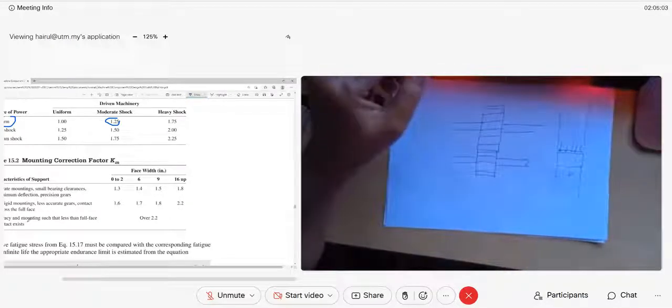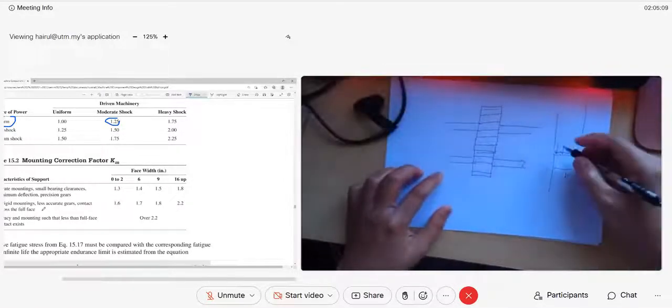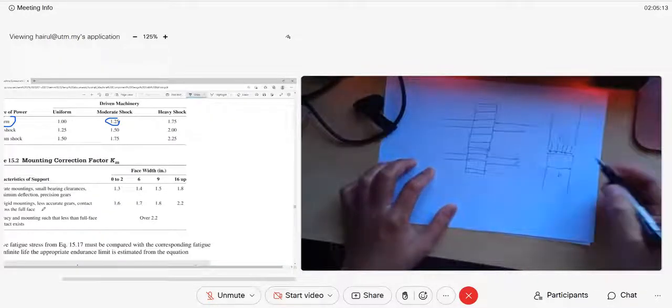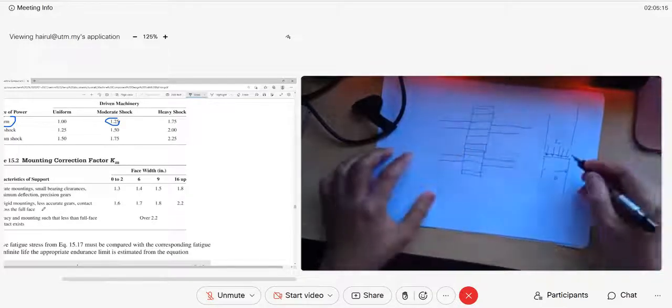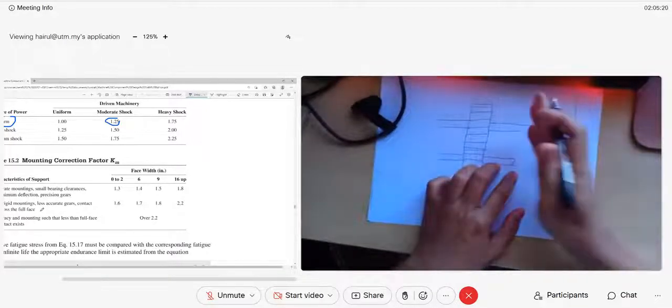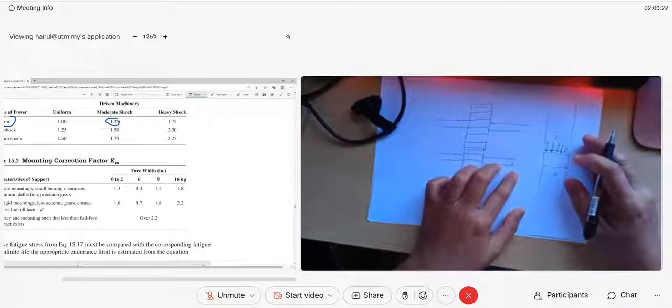For the second one, less rigid, less accurate gear, the contact across the gear, the F tangent is also uniform. We take the total force because the gear has thickness, right? The second case also has the force uniform across the full surface.